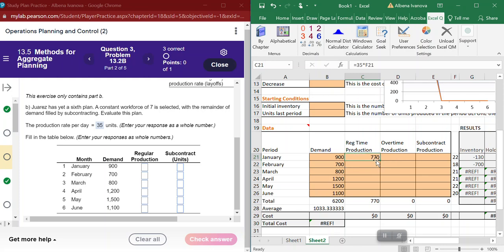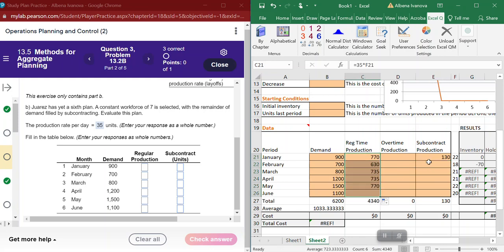So I will produce 770 in January using regular production. However, because I need 900, I'm going to complement the rest, which is 900 minus 770. So I will actually subcontract 130 units.